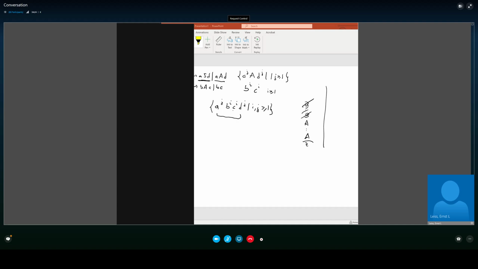If you accept by empty stack, then that basically means you consume all the input and you end up with an empty stack, which of course means you can't continue moving, because once the stack is empty, you're no longer capable of continuing to move. But if the stack is empty and, as I said, you've consumed all your input, then that input is accepted. Does that clarify it?